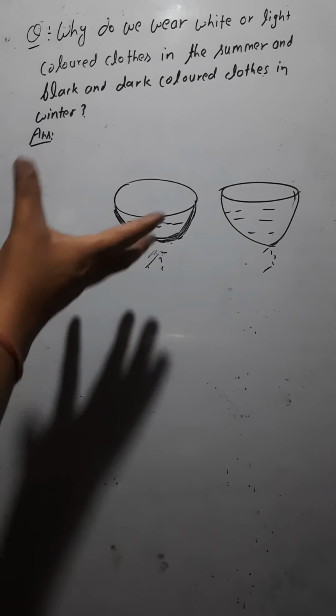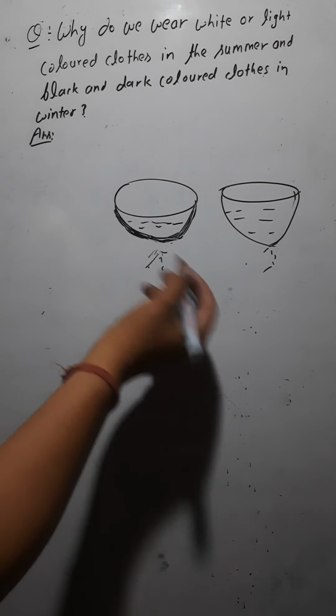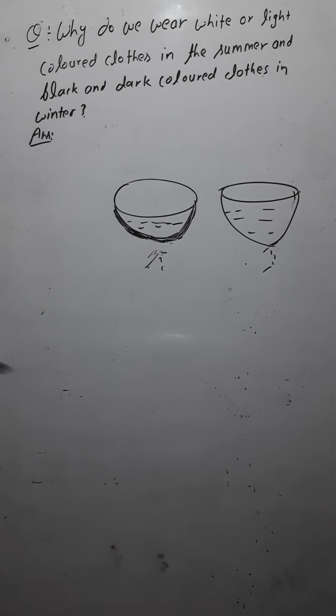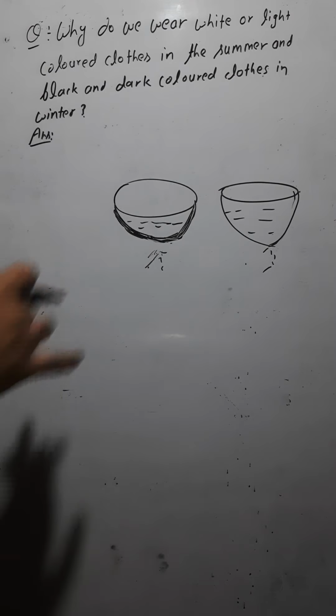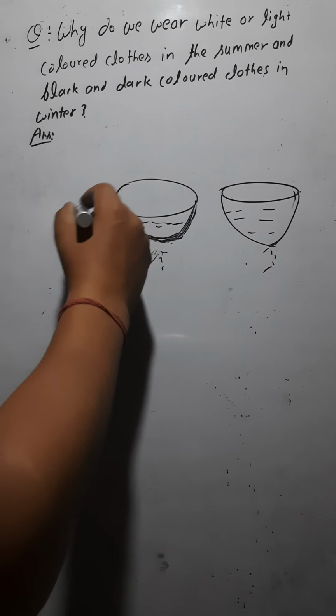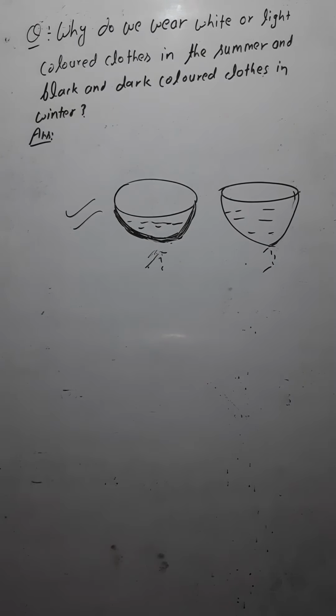Put both these utensils over fire for 10 to 15 minutes. After some time you observe in which utensil you have more boiled water. The answer is this one: you would find that in this utensil the water is more boiled.